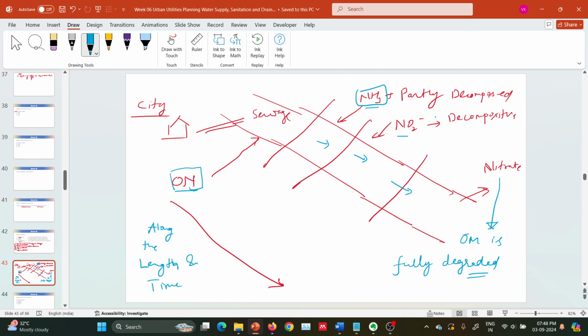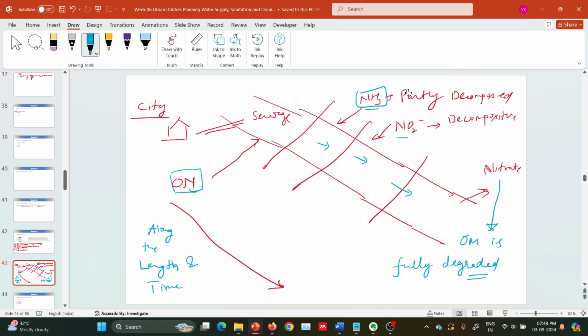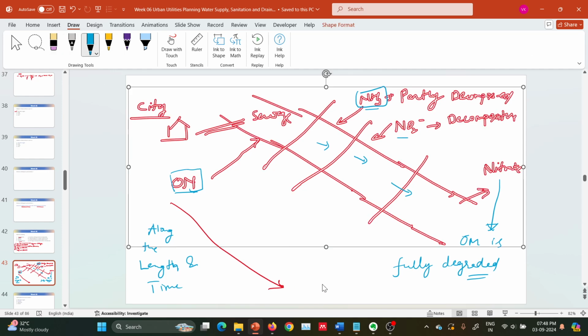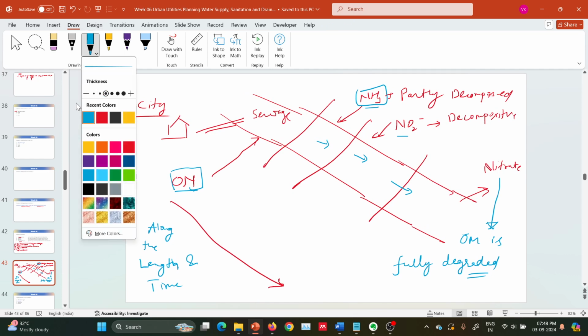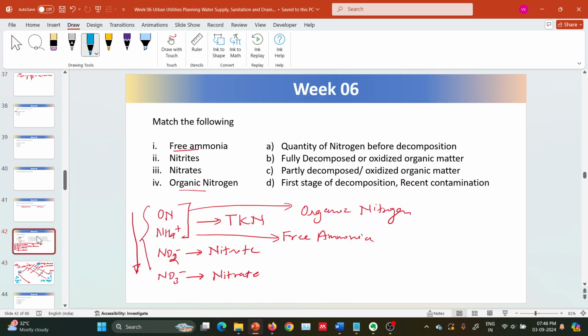Ammonia will tell it's... let's go to this question. So nitrate will tell us fully decomposed, or oxidized organic matter. So these three will be first stage of decomposition, recent contamination.